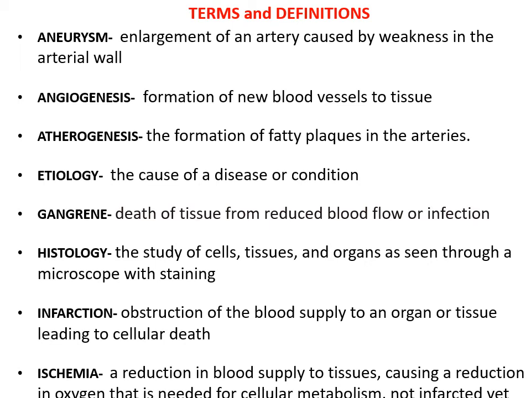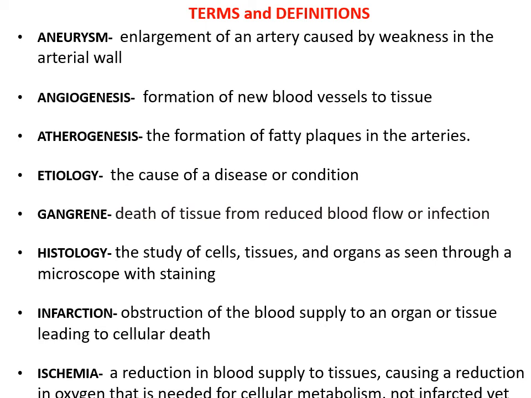Infarction is typically death or cellular death, typically from a blocked artery leading to obstruction of blood supply. That's the most common way that we can get an infarction, such as a heart attack or a stroke, right? So blocked blood supply to an organ.